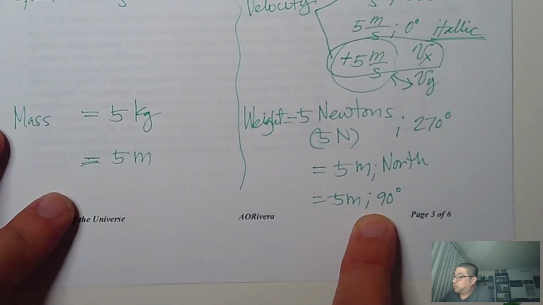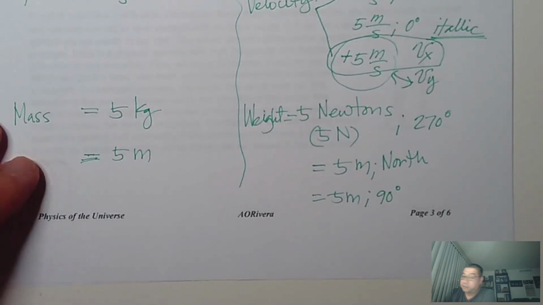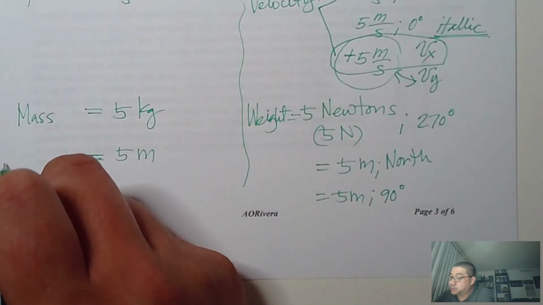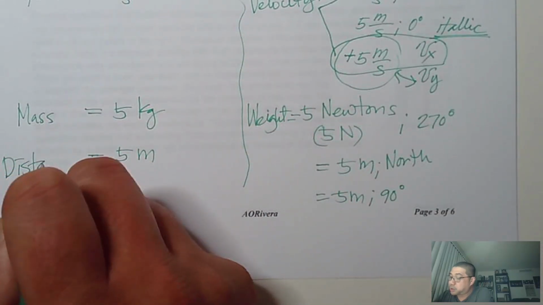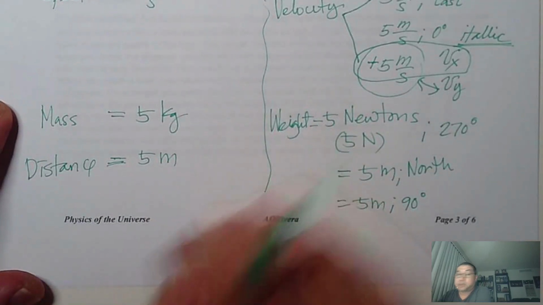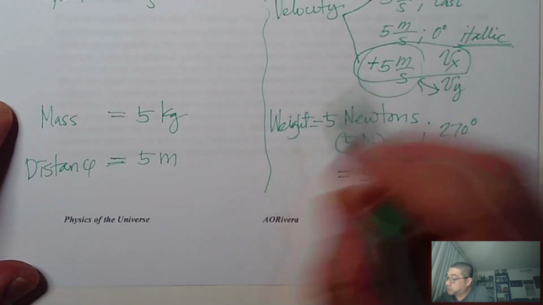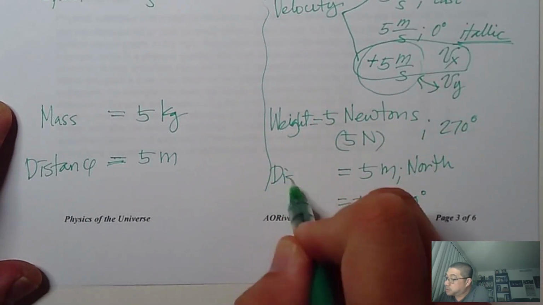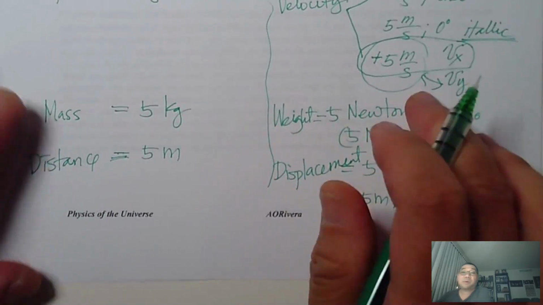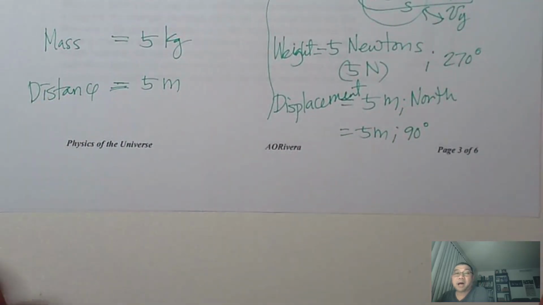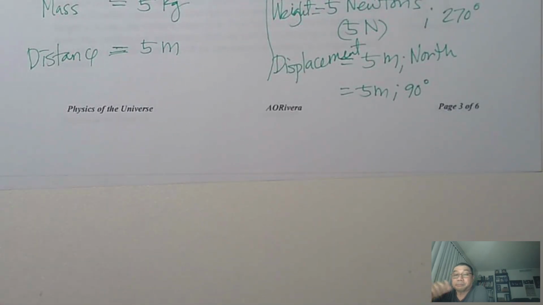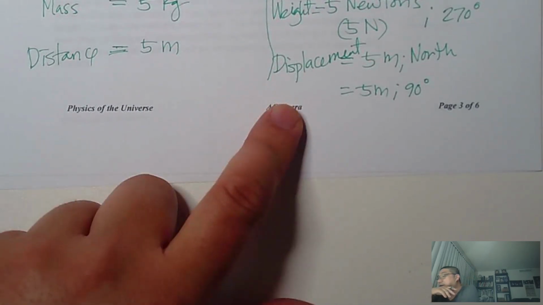So if we have 5 meters at 90 degrees, well, this one is distance, so we're trying to measure distance right here. While the other section is not distance, but it's called displacement. So when there is a direction, it is not a distance anymore.